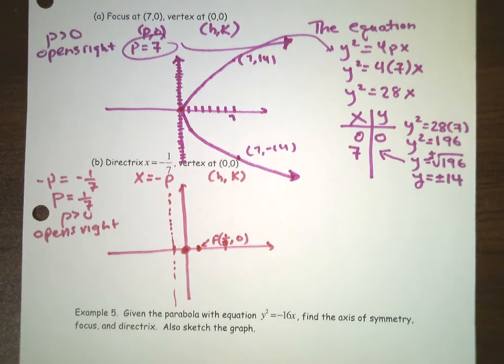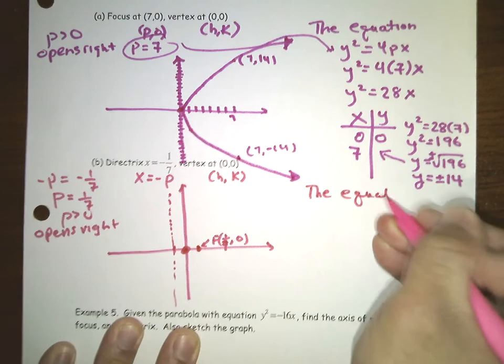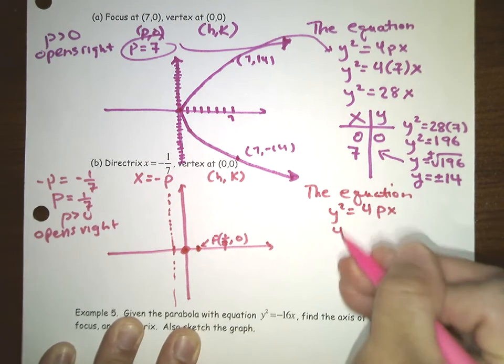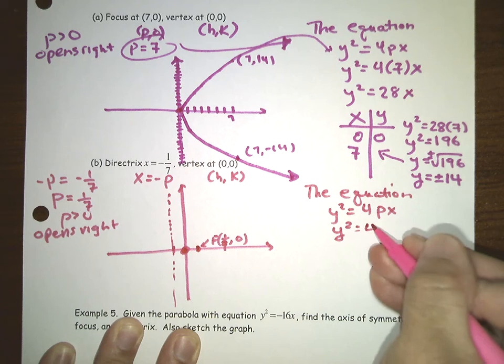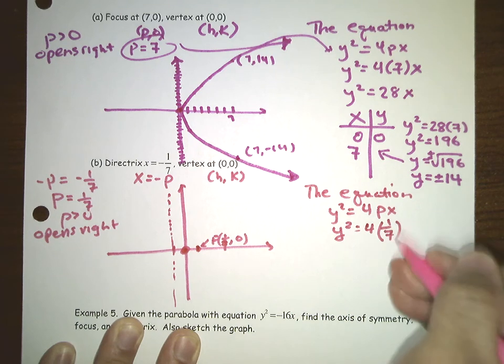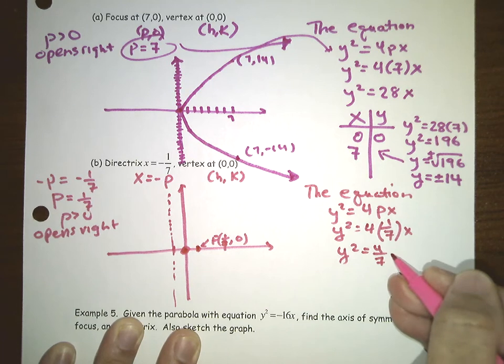And so now we just really need to figure out what the equation is so that we know how widely this opens. So the equation is going to be y squared is 4px, so y squared is 4 times 1/7 x, so y squared is 4/7 x.